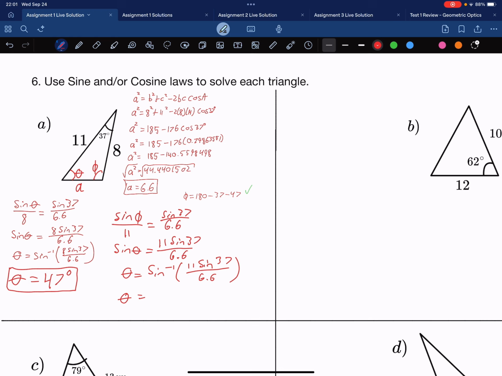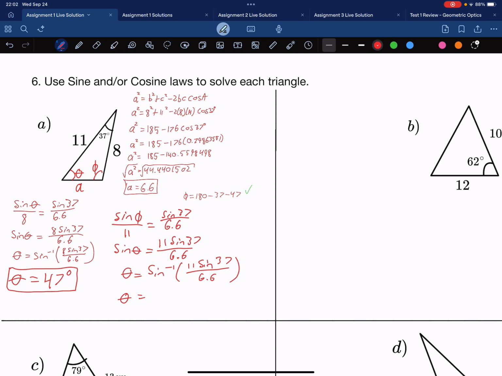and that will leave us with a final answer of 11 times the sine of 37 divided by 6.6. Oh, syntax error. I punched something in incorrectly to my calculator. Okay, I'm getting something weird here. So sine of 37 is 0.6 times 11.